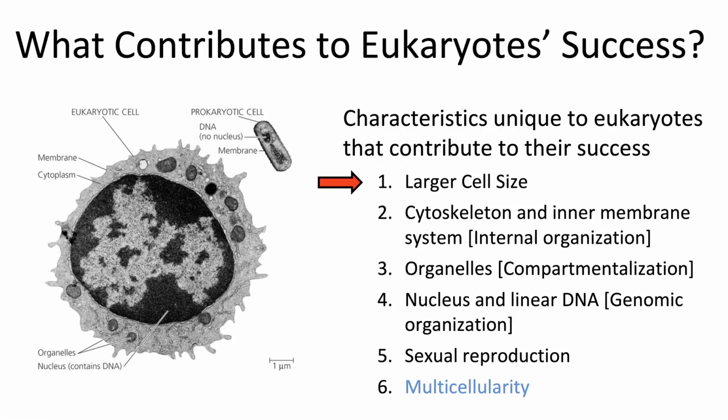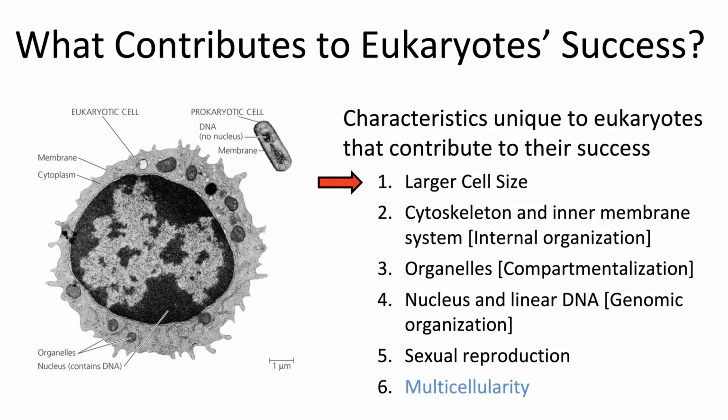And the larger size of eukaryotic cells made room for things like a cytoskeleton and organelles, a nucleus, and all of these things made way for things like sexual reproduction and multicellularity. I haven't gotten into the details of what all of these numbers 2 through 6 items are, but know that larger cell size helped make way for these other important traits unique to the eukaryotes to evolve.